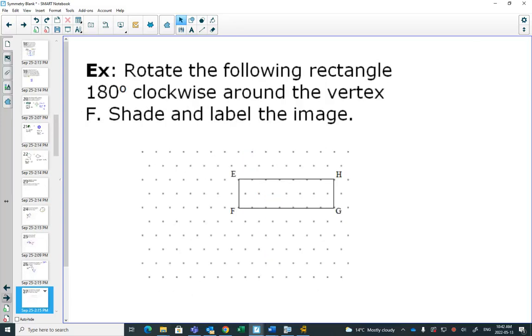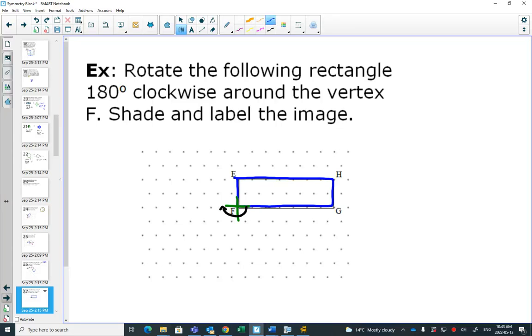All right, back. Here we've got the funny angles again, right? Can you see that the paper is the 60-degree one? But we're rotating this 180 degrees about the vertex F. So again, I could take a paper out and trace over top of this. I can draw my crosshairs on F. I want to go 180 degrees clockwise. Can you see that clockwise would go this way?